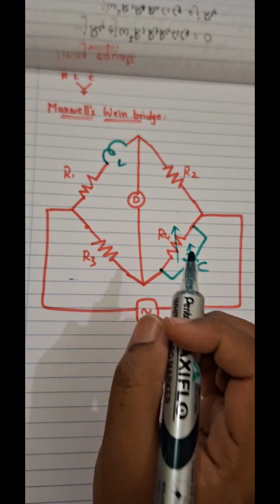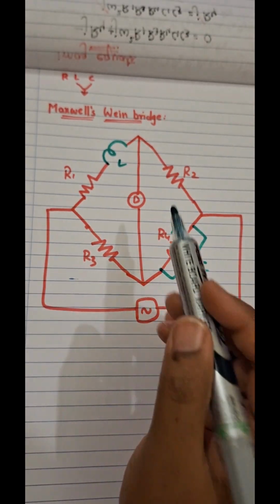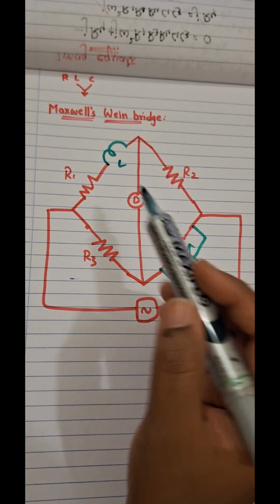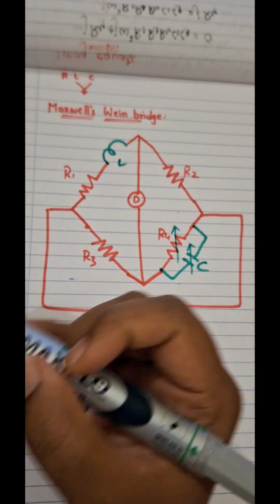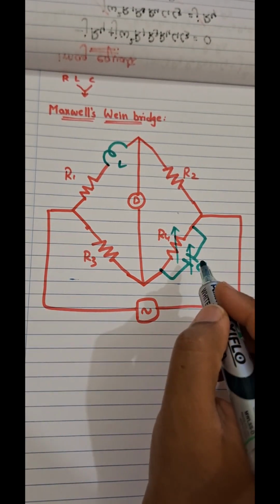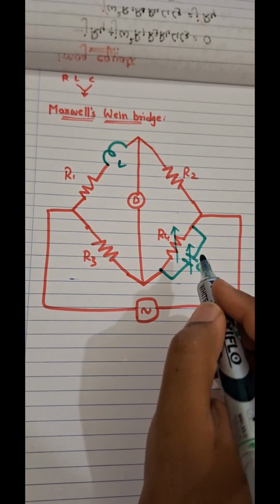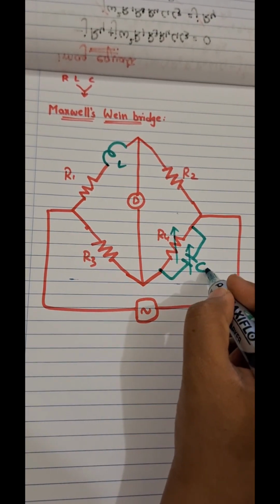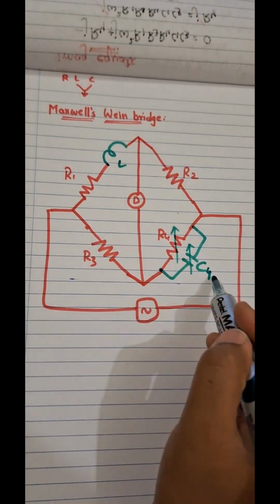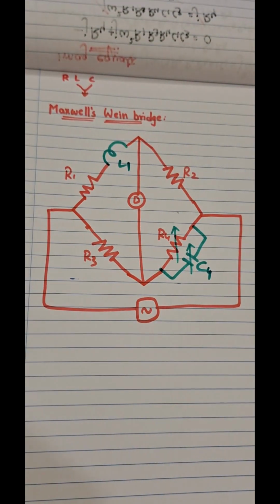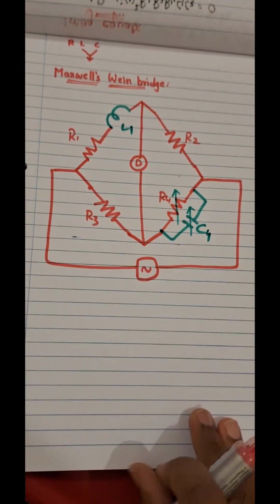These are non-inductive resistances where R2, R3, R4 are known and R1 is unknown. Clear? Here the capacitance is a standard variable capacitance. Let me take it as C4 so that you won't get confused. It's in the 4th leg. L1 means it is in the 1st leg. Clear? Now again the same concept.